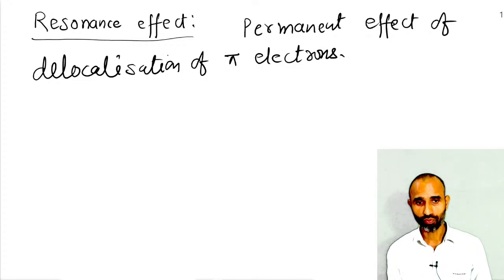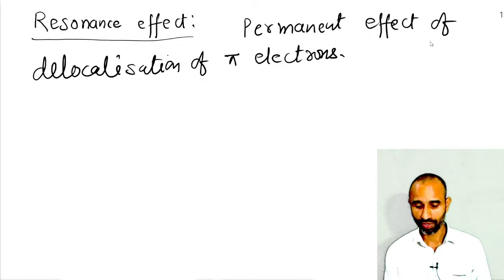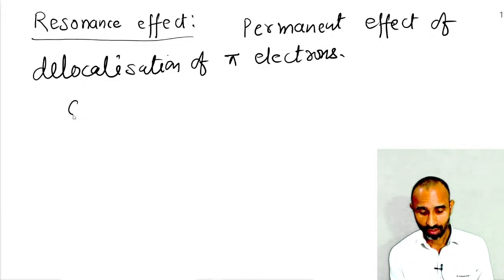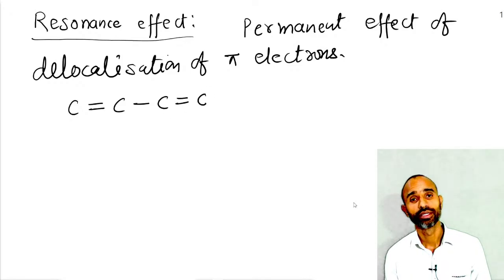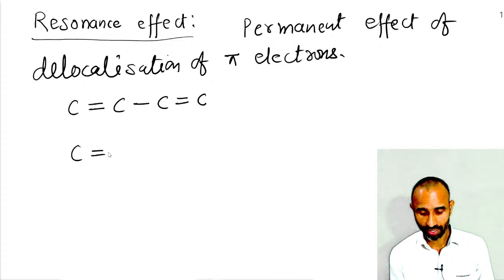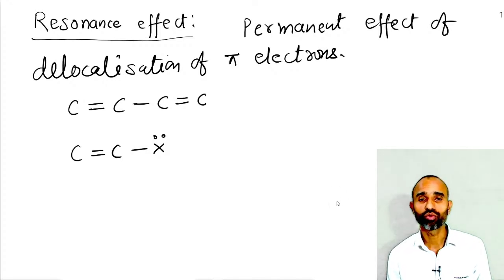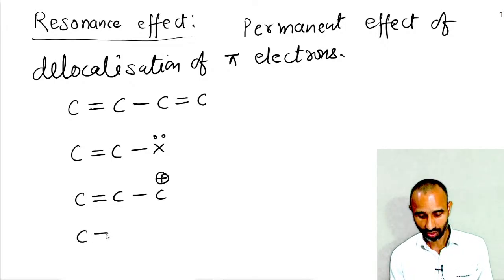So first of all, resonance effect is a permanent effect of delocalization of pi electrons. And resonance takes place either when two double bonds are separated by a single bond, or when a double bond is in conjugation with a lone pair, or a double bond is in conjugation with a positive charge, or a double bond is in conjugation with a free radical.